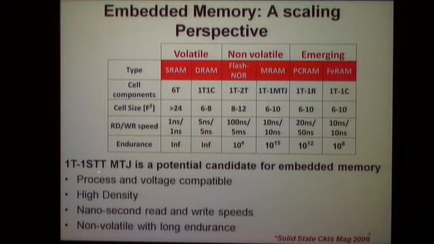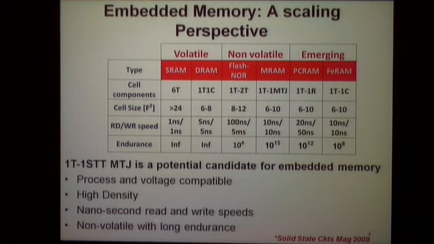So the STT-MTJ, which is a spin torque transfer magnetic tunneling junction cell, the chief advantages would be it is process and voltage compatible with CMOS. We can potentially make it work at around 1 volt, which is a big thing. So that's, I think, one of the game changers for this particular technology. It can potentially give us very high density, especially when you're comparing it with SRAMs or embedded DRAMs.